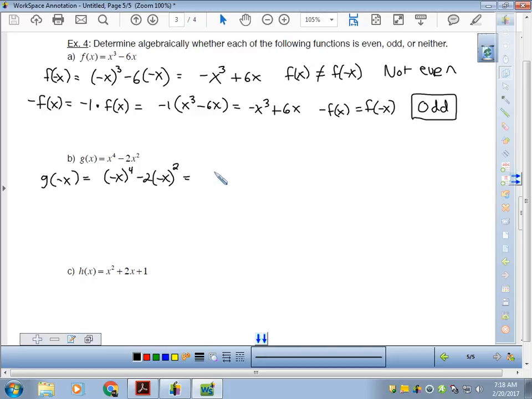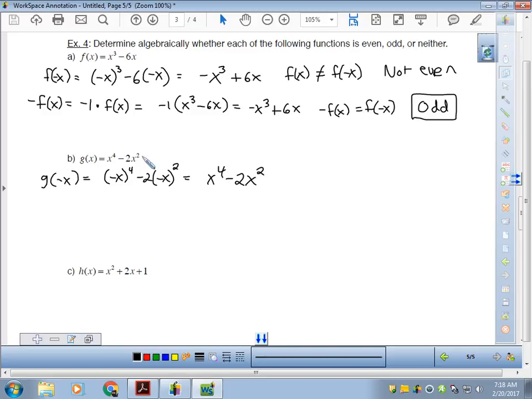That's going to be 4 negatives, so that means it's going to come out positive. So it'll be positive x to the 4th. Right, here, negative 2 times negative x squared. Negative x squared means negative x times negative x, so that'll be positive x squared. Times a negative 2, that'll give us negative 2x squared.